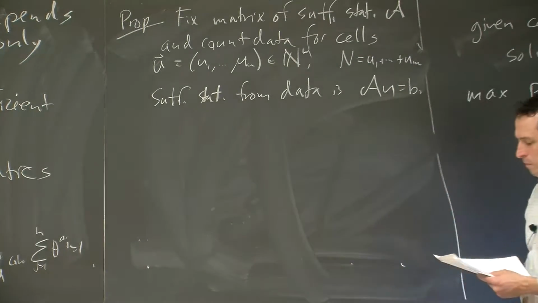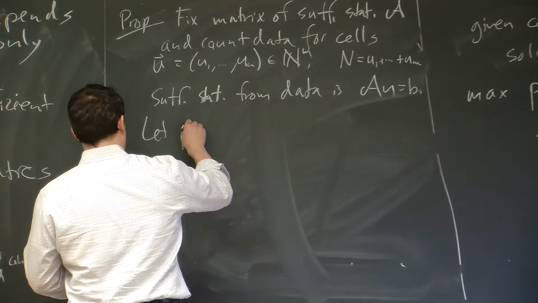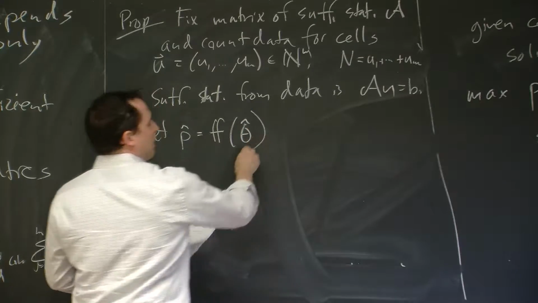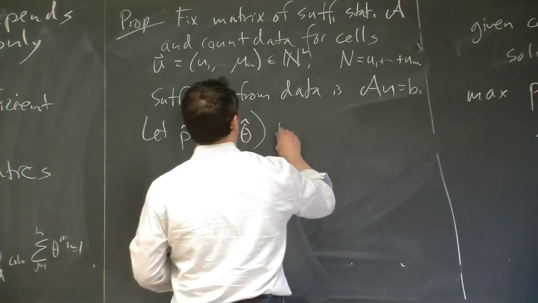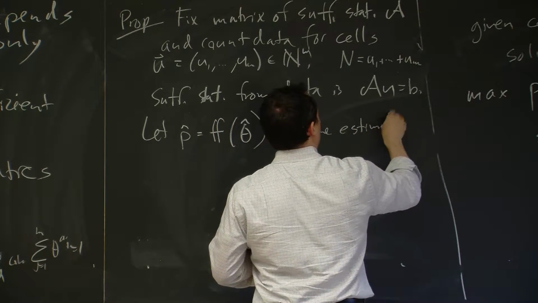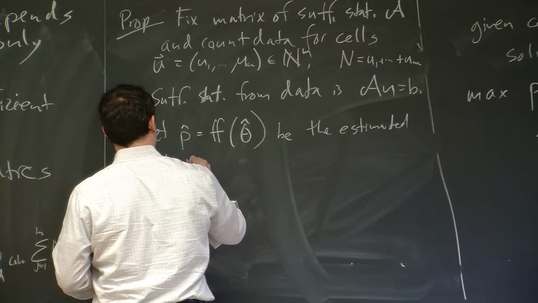Call it b. And let p hat be f of my estimated thetas after I solve my maximum likelihood, be the estimated cell probabilities, expected cell probabilities.